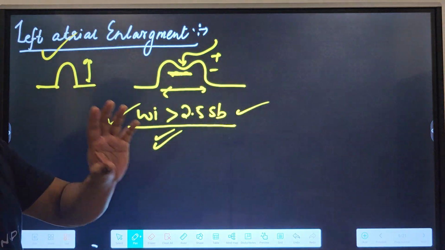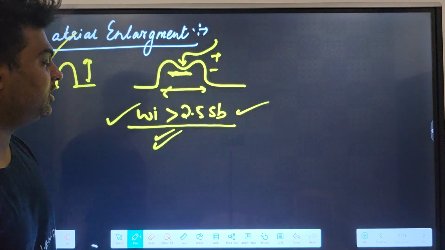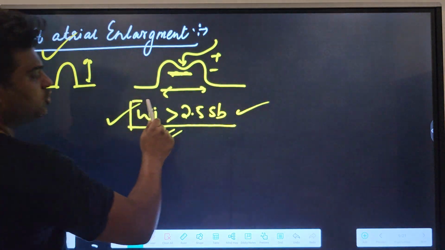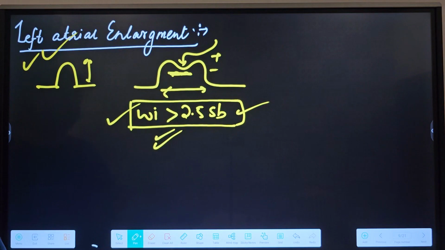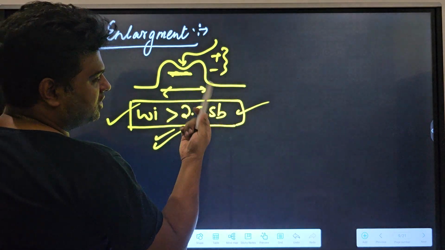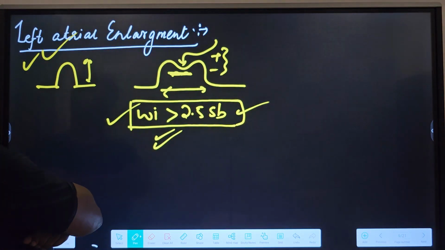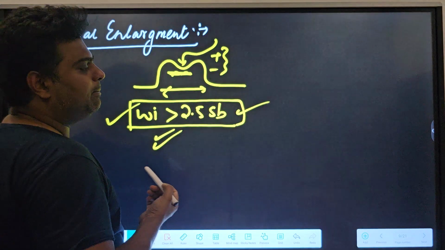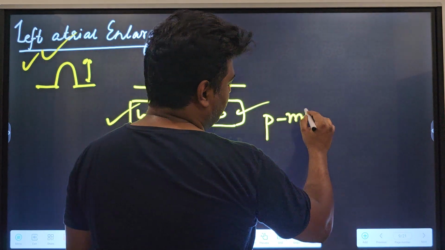When the width is normal and notching is present, it doesn't mean left atrial hypertrophy. So the width should be more than 2.5 small boxes for calling left atrial enlargement. Then the notch can be or cannot be present. And since this happens mostly in cases of mitral disease or mitral stenosis, this is known as P mitral.